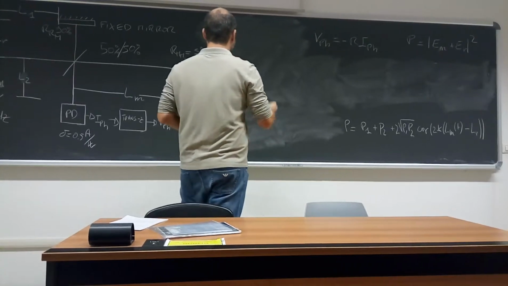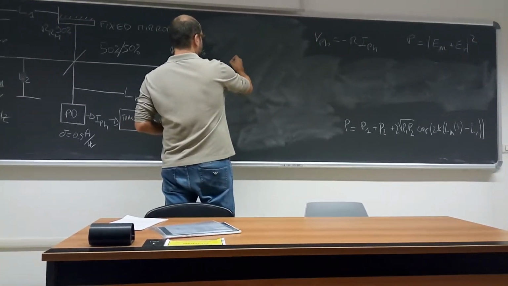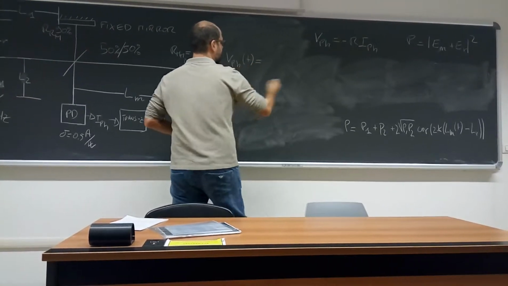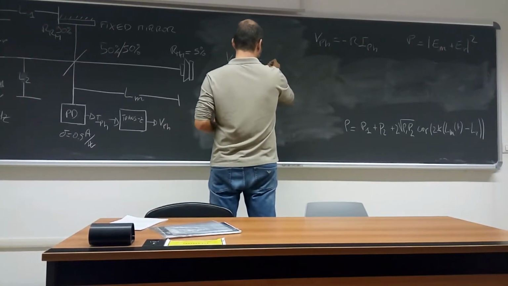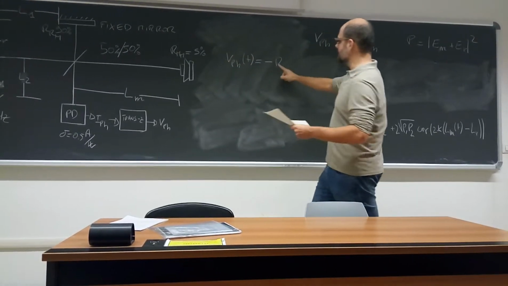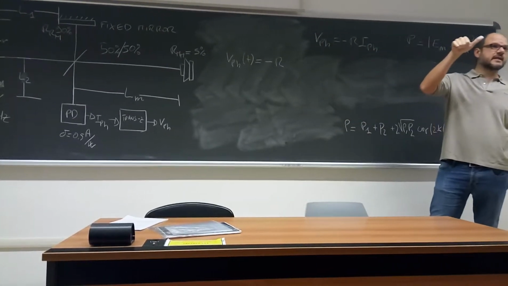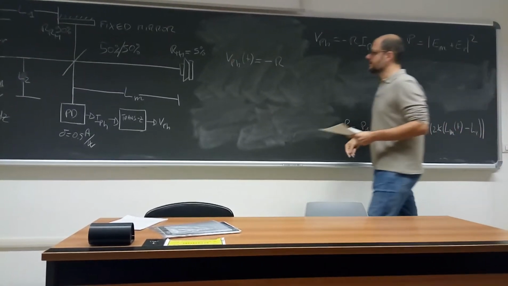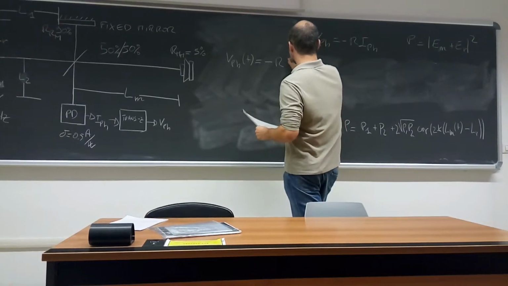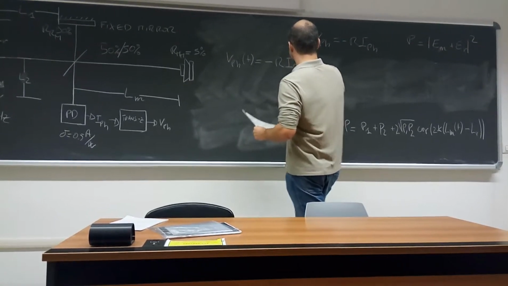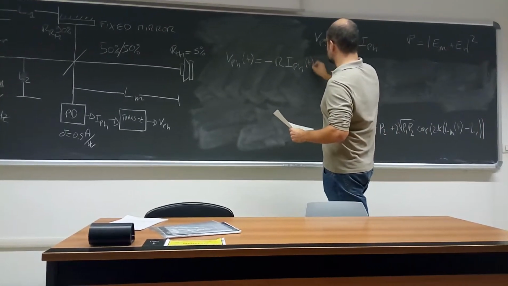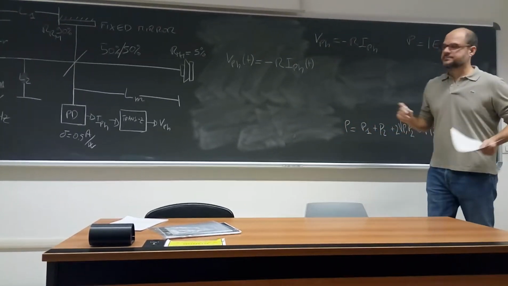So, in a very easy way, we have seen that the photodetected voltage is given by minus R, where R is the feedback resistance of the transimpedance amplifier, multiplied by the photodetected current that is dependent on time.